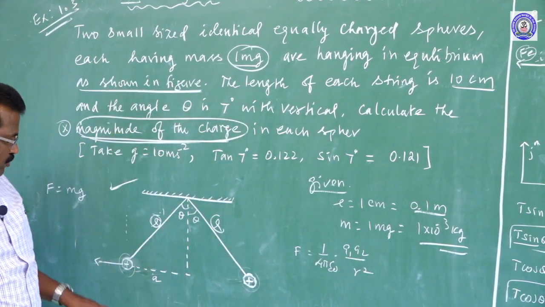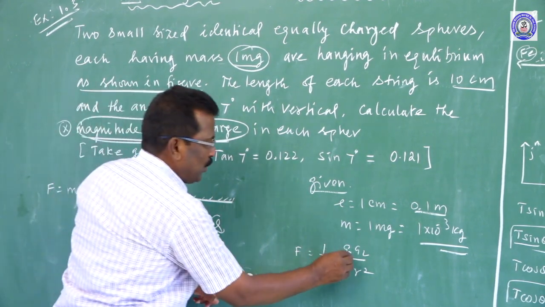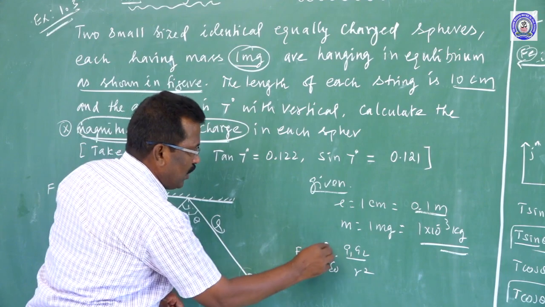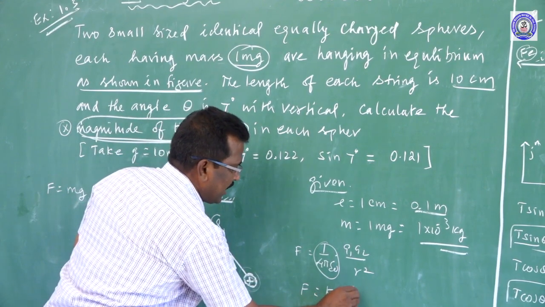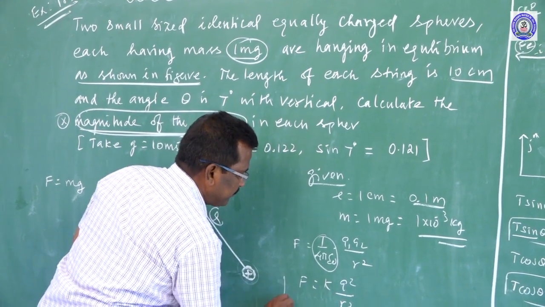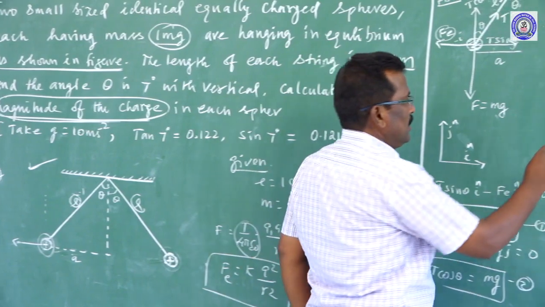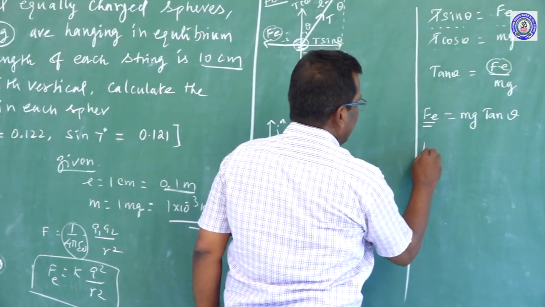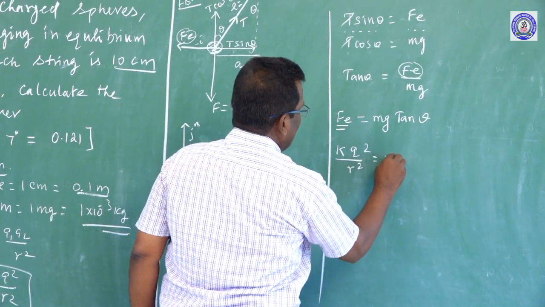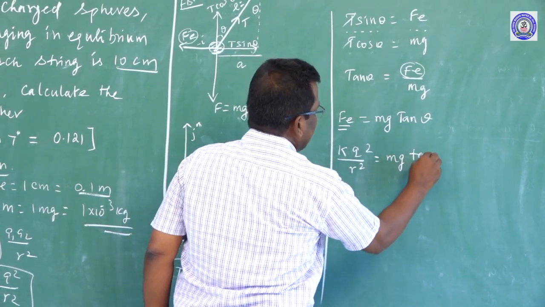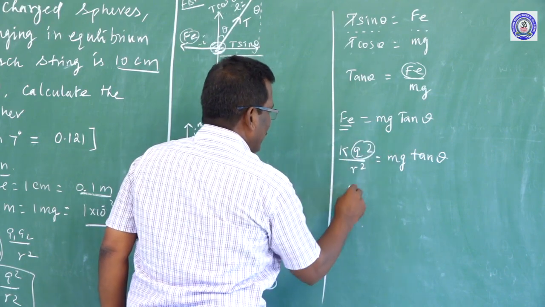But both charges are similar, Q1 is equal to Q2, and 1 by 4 pi epsilon naught is K. So F is equal to K Q square by R square. That is the force due to electrostatics. So K Q square by R square is equal to mg tan theta. We have to calculate only Q square.